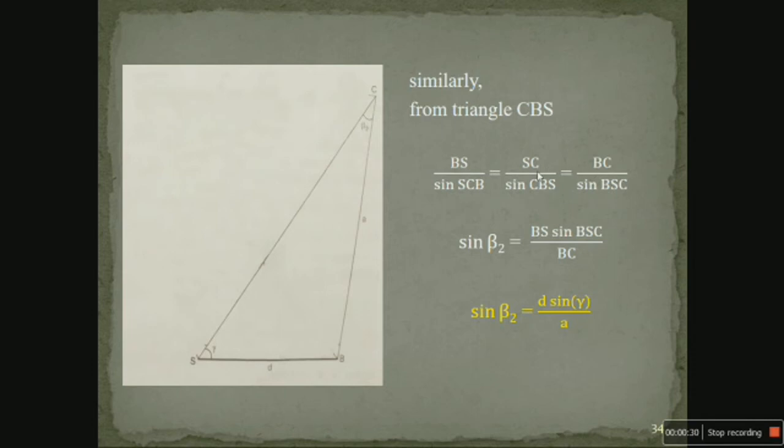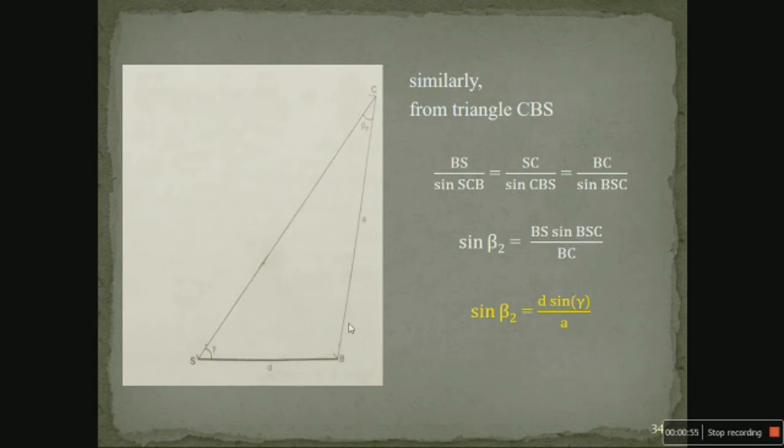Depending upon the condition, you can select any one, this to this or this to this one. So sine of beta 2, that is SCB, I am writing here beta 2, that is equal to BS into sine of BSC divided by BC. Putting in the values, sine beta 2 is equal to BS, which is again small d.